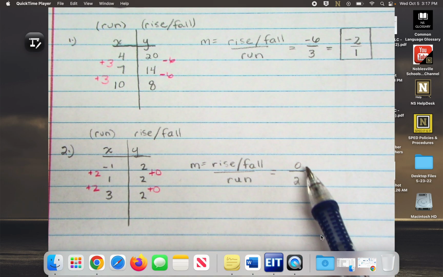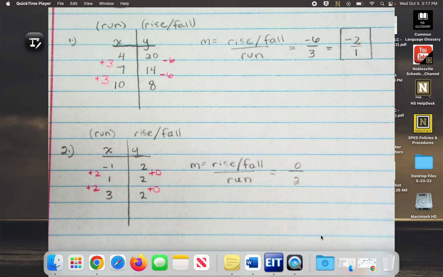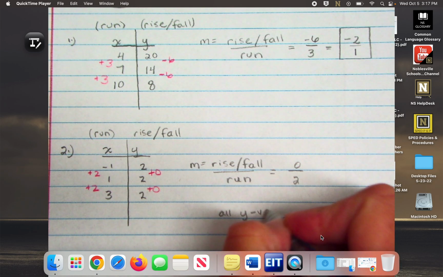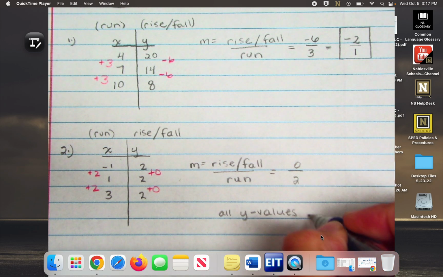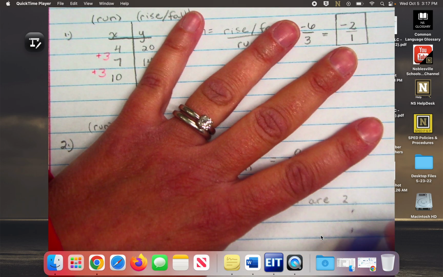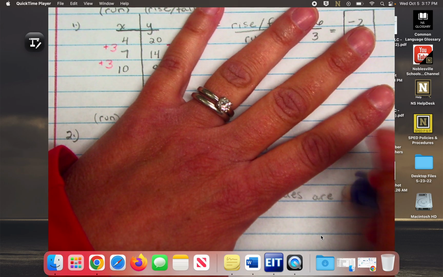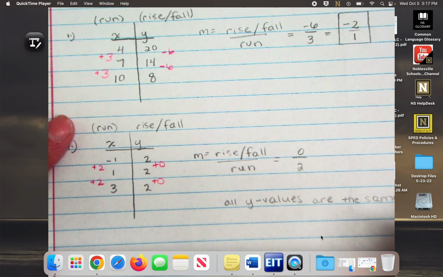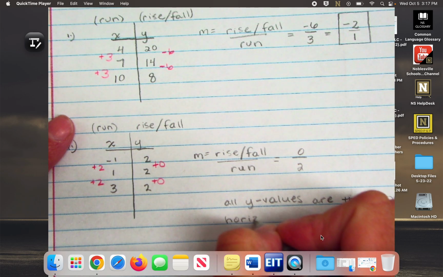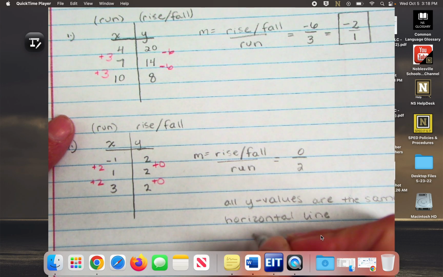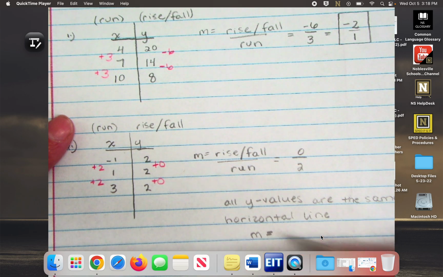So what this means, if you have a numerator of 0, this means that all y values are the same. They're all 2. Which gives us a horizontal line. So what is my slope of a horizontal line? 0.